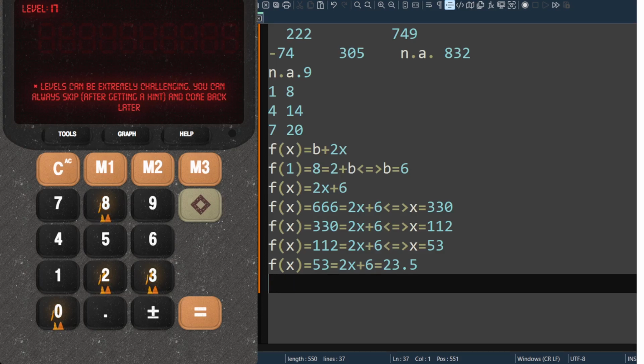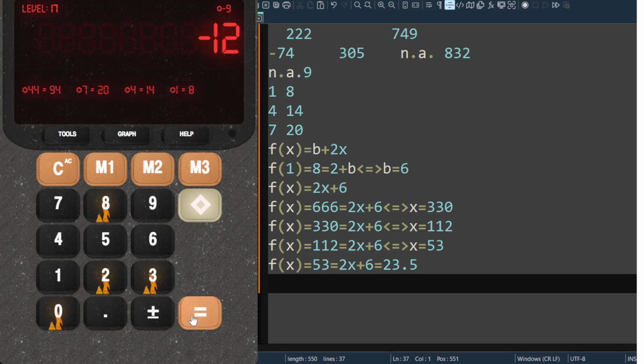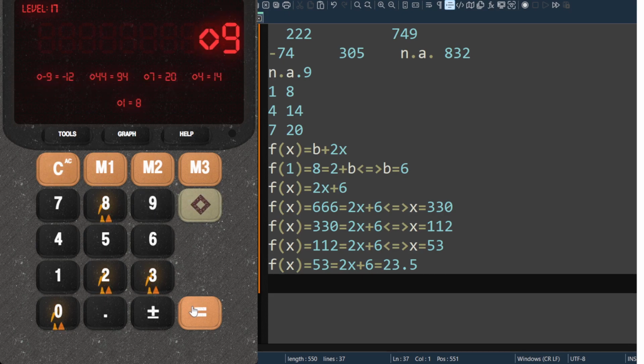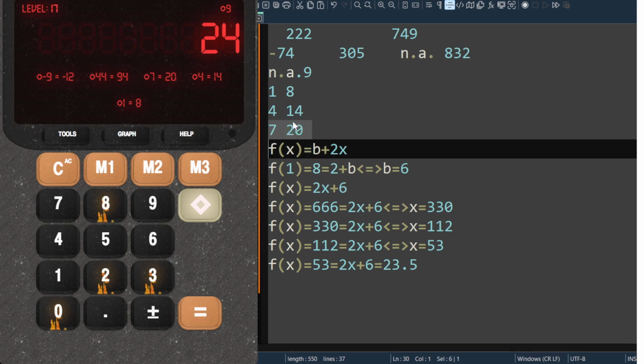What happens with negative numbers? Let's quickly check out negative numbers. Minus 12. 24, 36, 18. Nope, this is the same thing that happens with positive numbers.